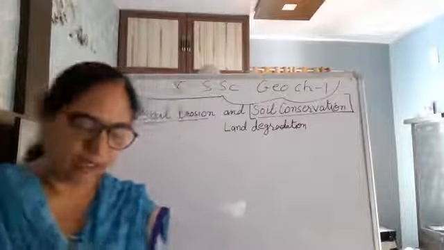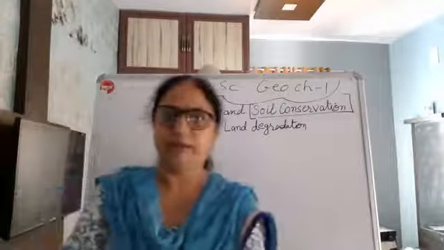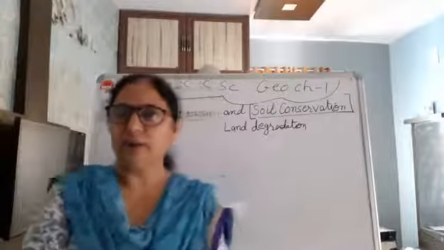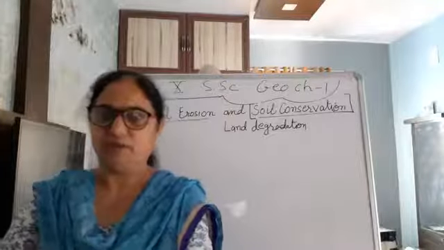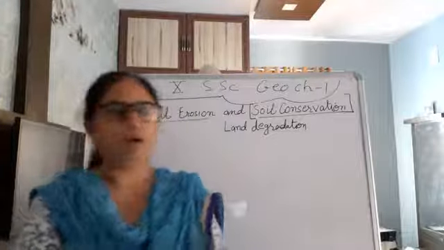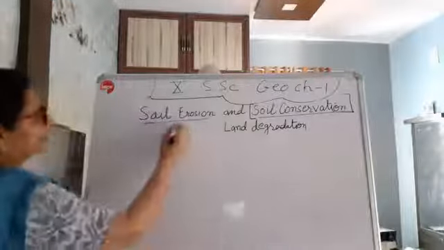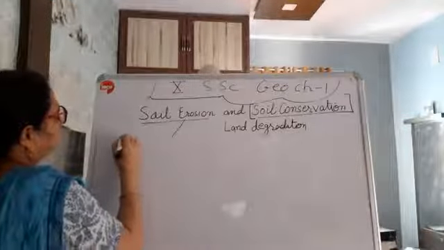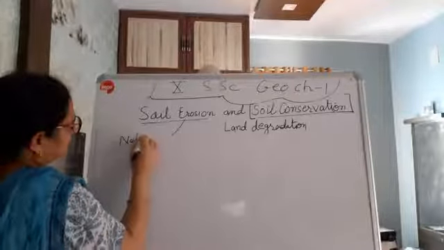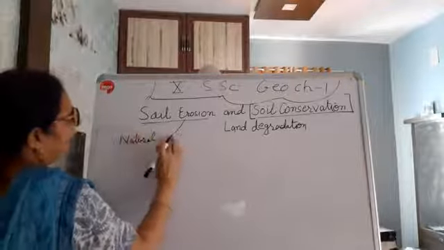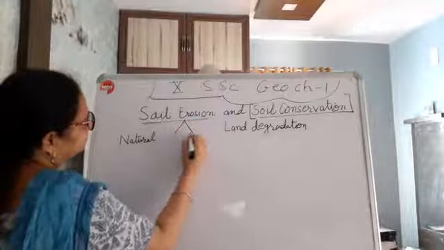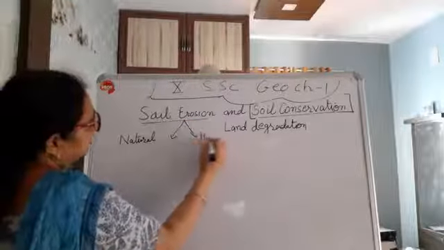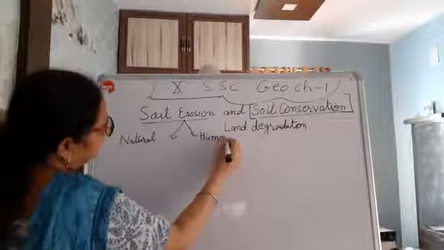And to make it complete, one more point we can add here: human factors as well as natural factors. Soil erosion is based upon 2 factors, natural factors and human factors, meaning man-made factors.